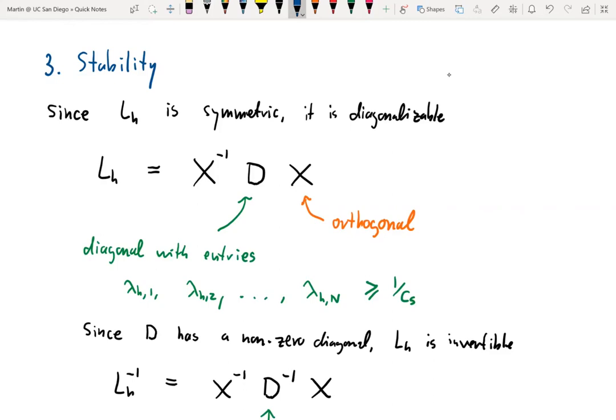In particular, since all the eigenvalues of LH, which are the eigenvalues of D, are bounded from below by some positive constant, the matrix D must be invertible.